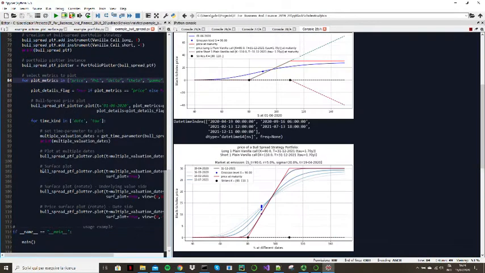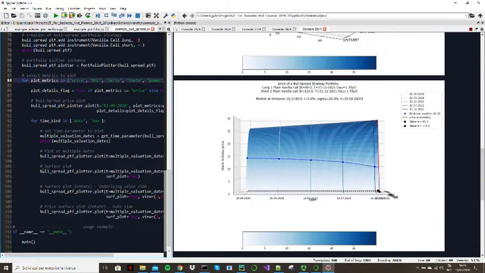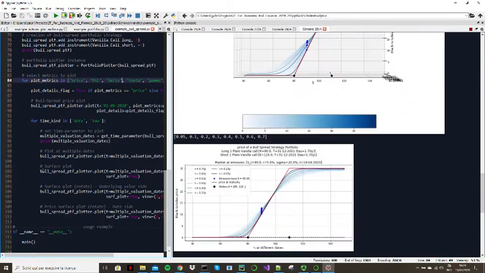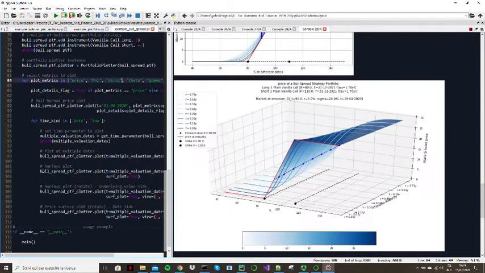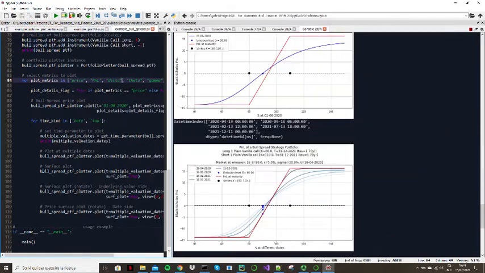Let's run this. So this is the typical 3D plot, and these are all the possible combinations that you can get.